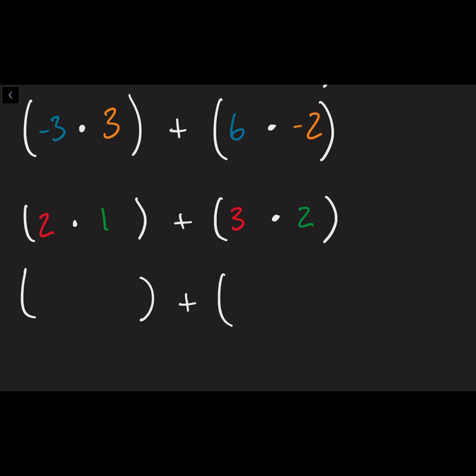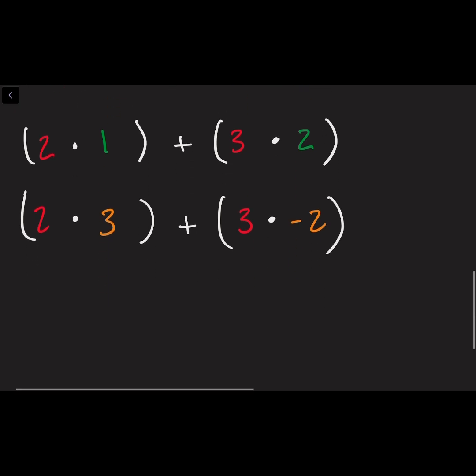Our second row is going to be multiplied by our second column. So for our second row, we got the numerals 2 and 3 again. This time we're multiplying these numerals by our second column, and our second column is going to give us 3 and -2.